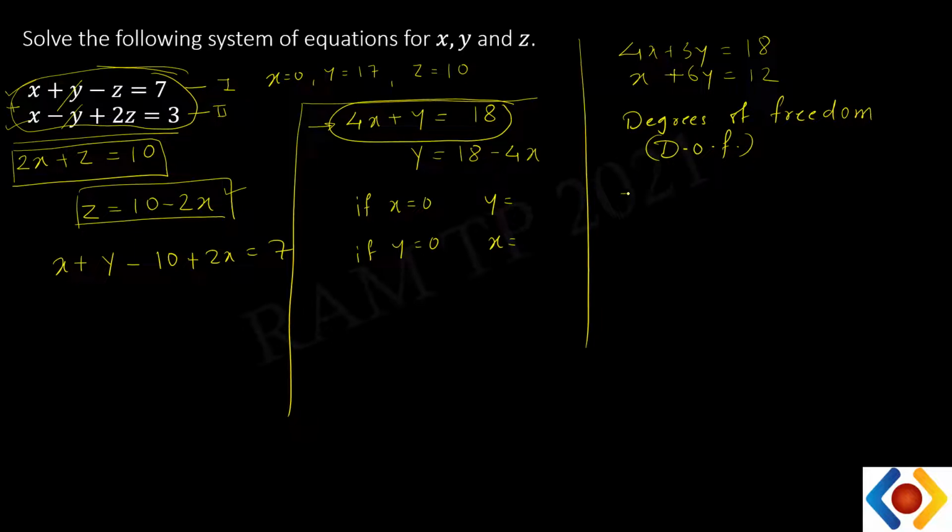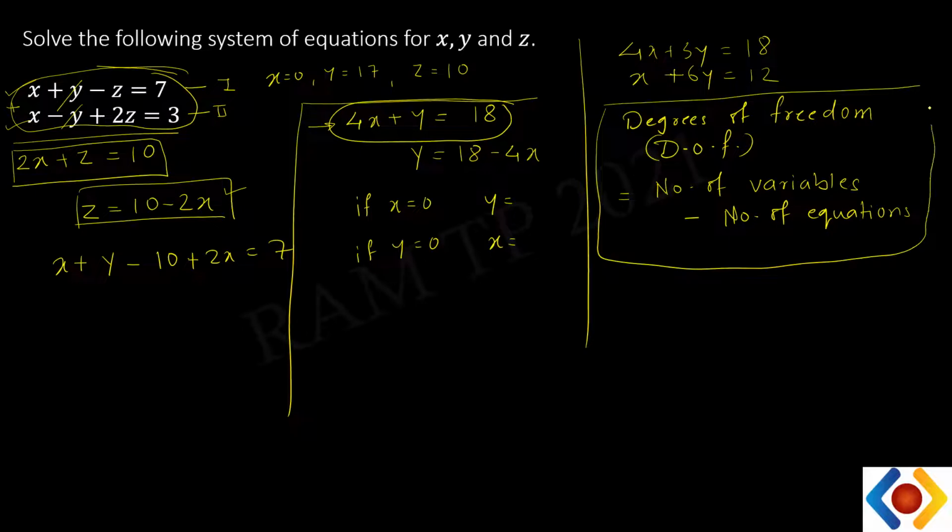Basically, that's nothing but the number of variables minus the number of equations. So we are talking about a system of equations, and this is how the degree of freedom is defined.